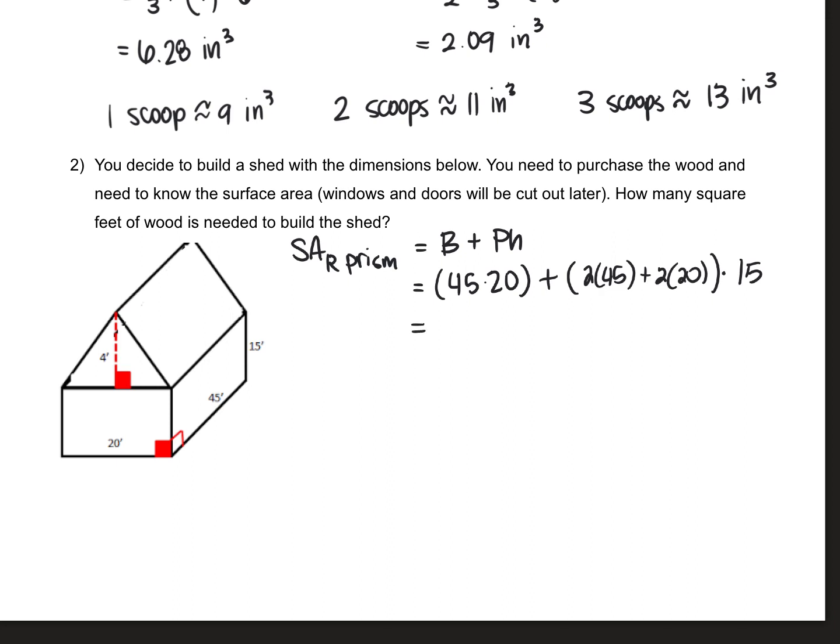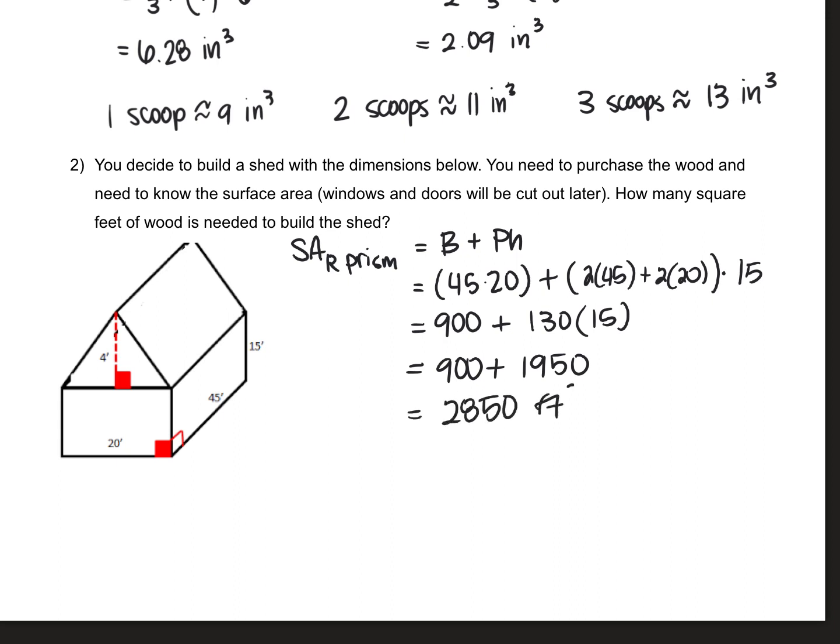So 45 times 20 is 900. 2 times 45 plus 40 is going to give me 130 times 15, which is going to give 1950 plus the 900. So we get that we need 2,850 square feet for the bottom of our shed.